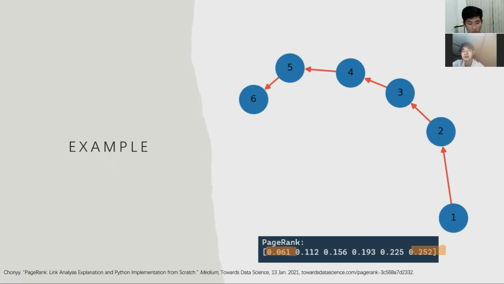The reason for this is if you only look at node 1 alone, there is no other page that's contributing to its PageRank score or to its importance. However, if you look at node 6, all of the nodes are contributing a portion of their importance to node 6, which is a cumulative score. So that's why node 6 has the highest PageRank score.